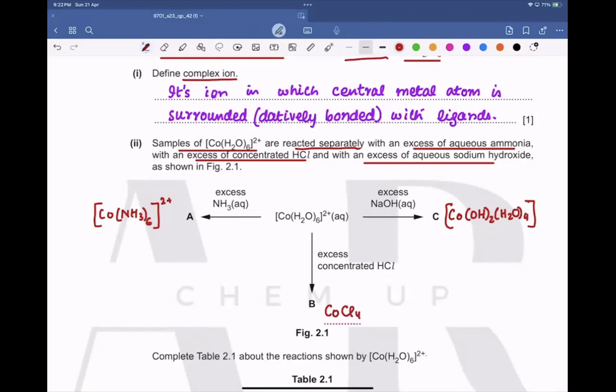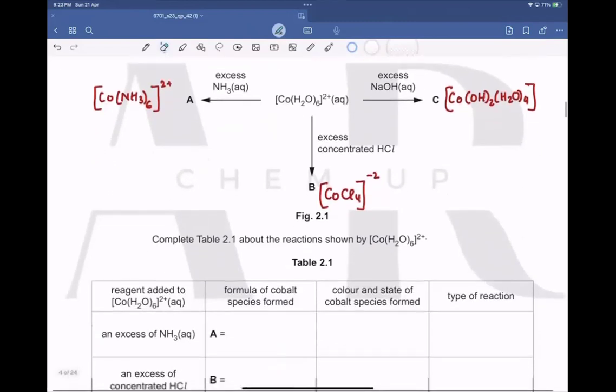So each chloride has a -1 charge. So 4 chlorides have -4 charge, and cobalt has oxidation number of +2. So +2 and -4 makes it -2. So the net charge would be -2 over here. Is this clear to all of you? Okay.